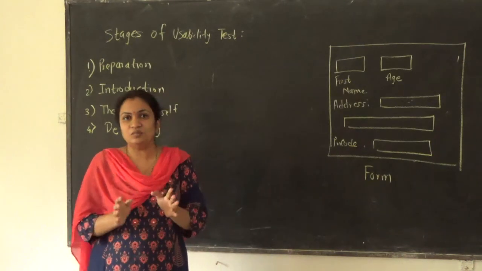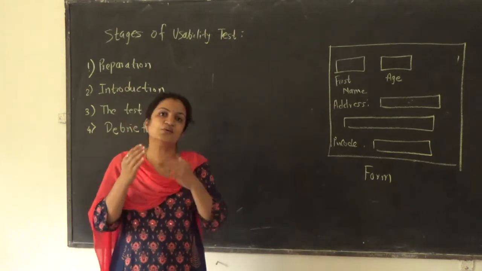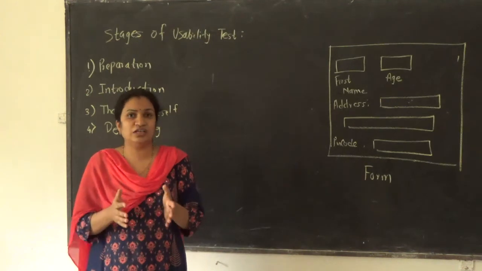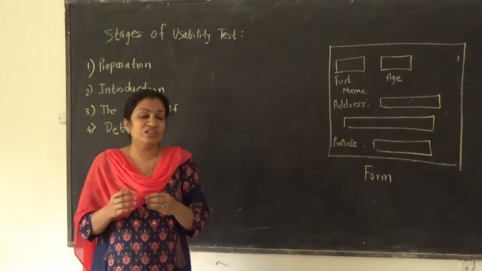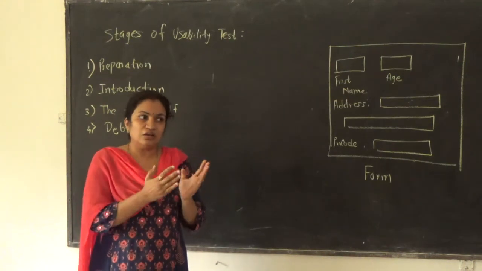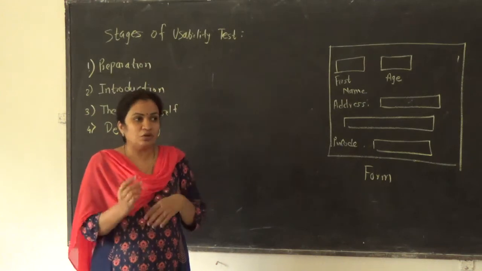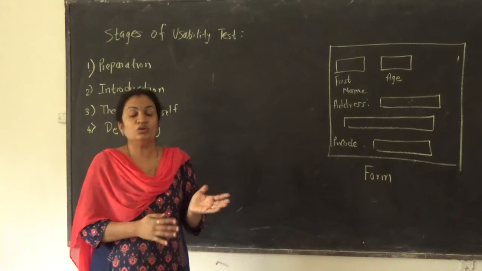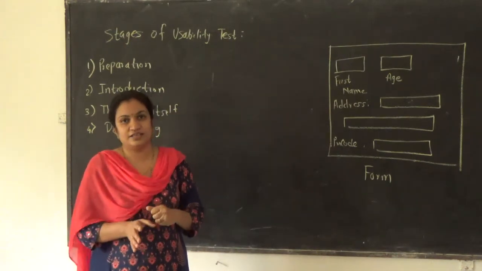Other information like the user identity should not get disclosed, because in a small organization I may call one member who was part of the team that developed that particular application. So it is very necessary for us to hide his identity.